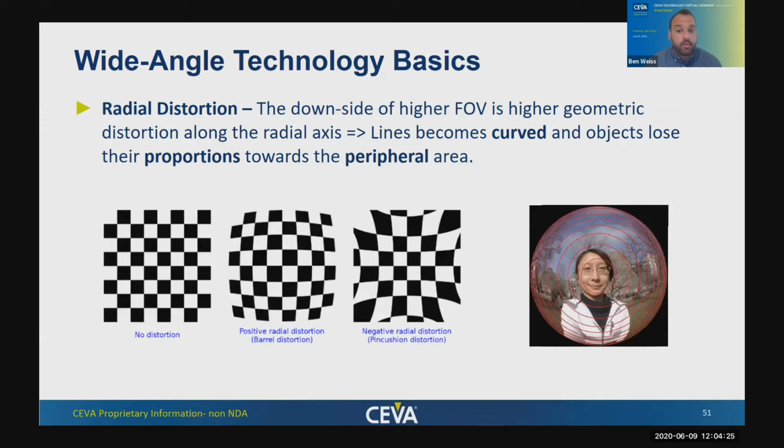There are two types of radial distortion: positive radial distortion, or barrel effect, and the negative radial distortion, also known as the pincushion distortion. Another side effect related to wide-angle lenses is the brightness and color artifacts in the edges compared to the center of the lens.